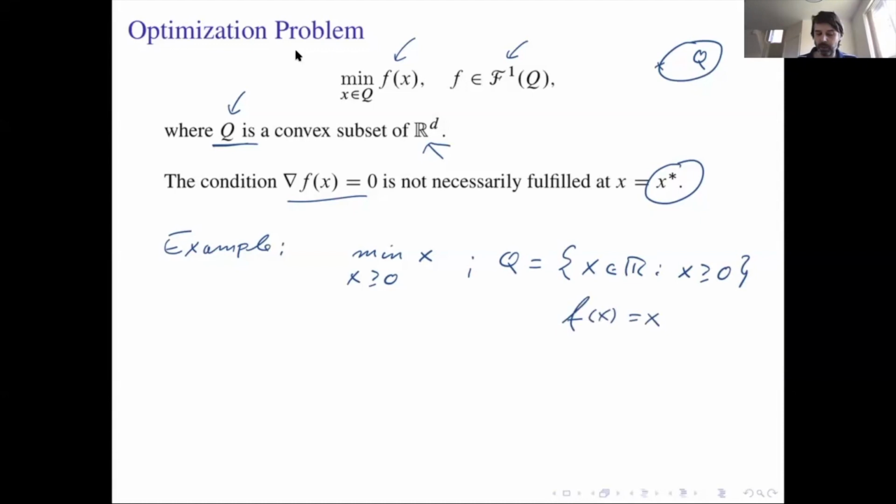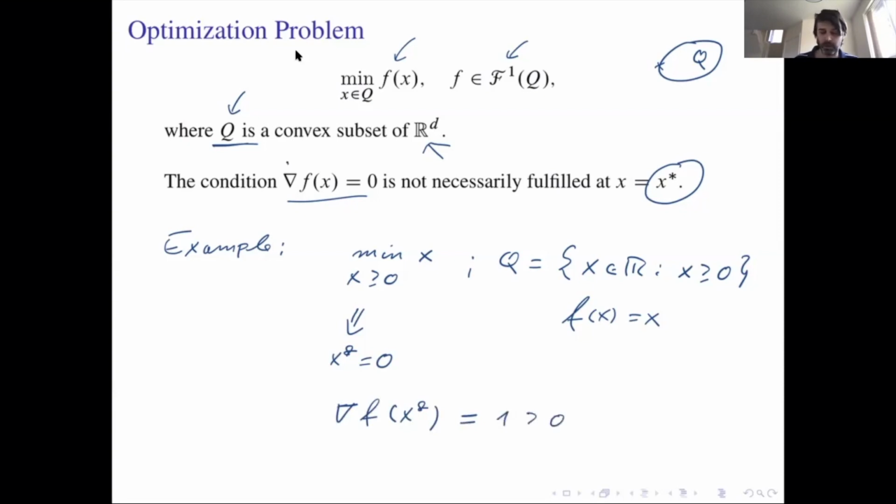So the minimum here of this function is clearly x star equal 0. So that's the minimum of x, obviously. But if you look at the gradient, because this is the linear function or the identity here, the gradient or derivative at x star, actually everywhere, is equal to 1, which is greater than 0.